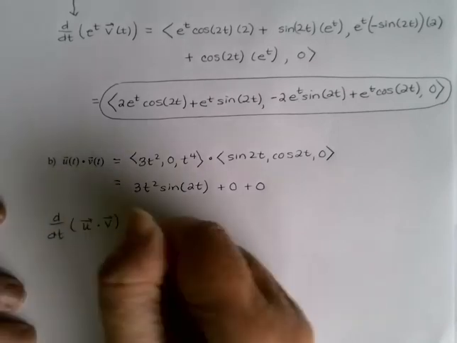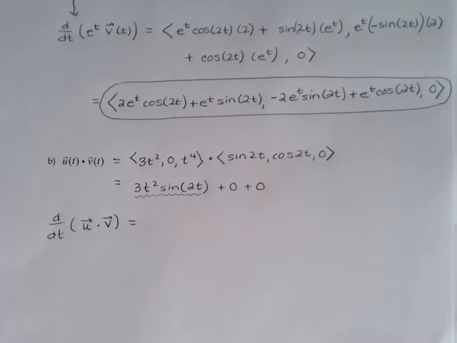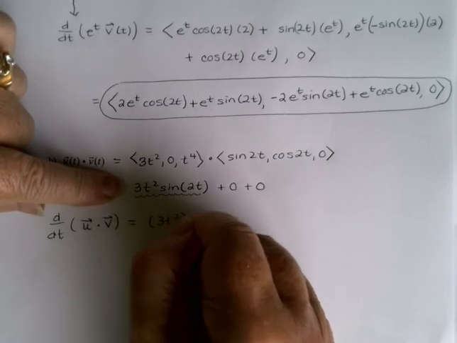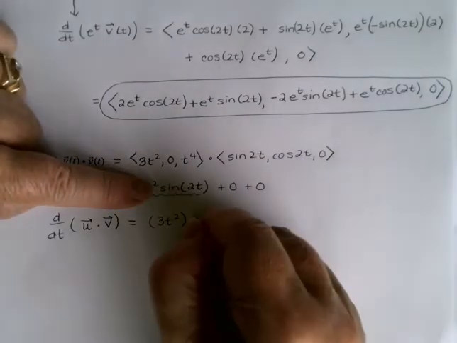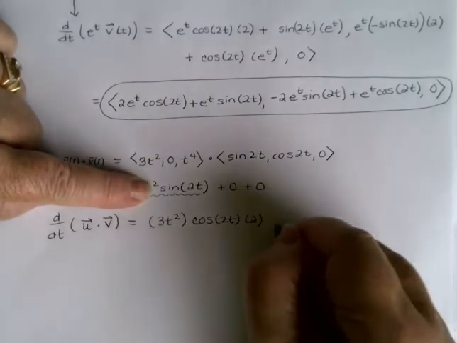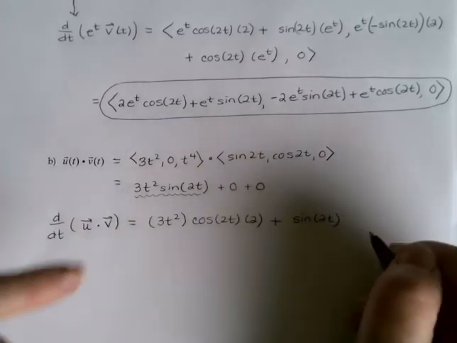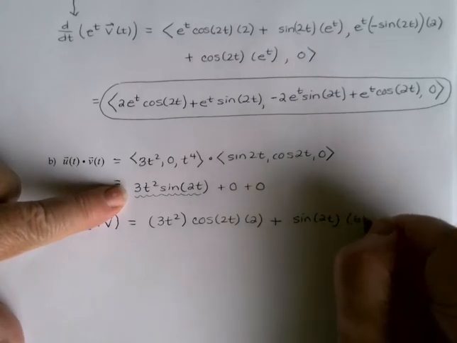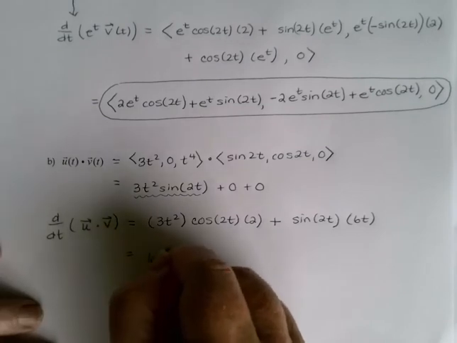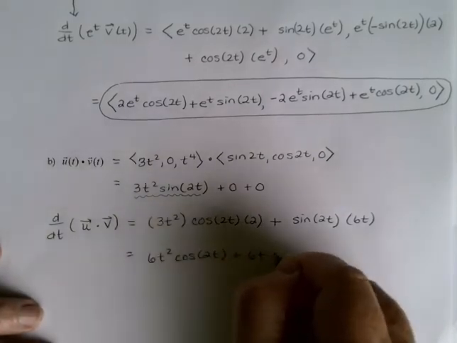again, I'm just going to start from here and take the derivative of that. One more time, I've got a bit of a product rule here. 3t squared times the derivative of sine 2t, which would be cos 2t times 2, plus sine 2t times the derivative of 3t squared, which would be 6t, giving me 6t squared cos 2t plus 6t sine 2t.